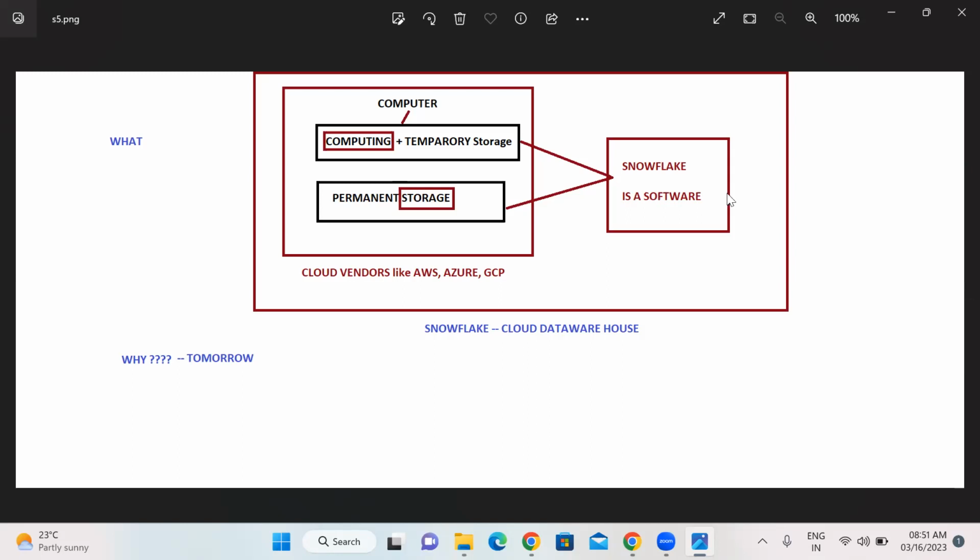So we take the help of third-party vendors for storage and computing power for Snowflake. It is only for Snowflake, not for all. We have other cloud data warehouses also, for example, Redshift.